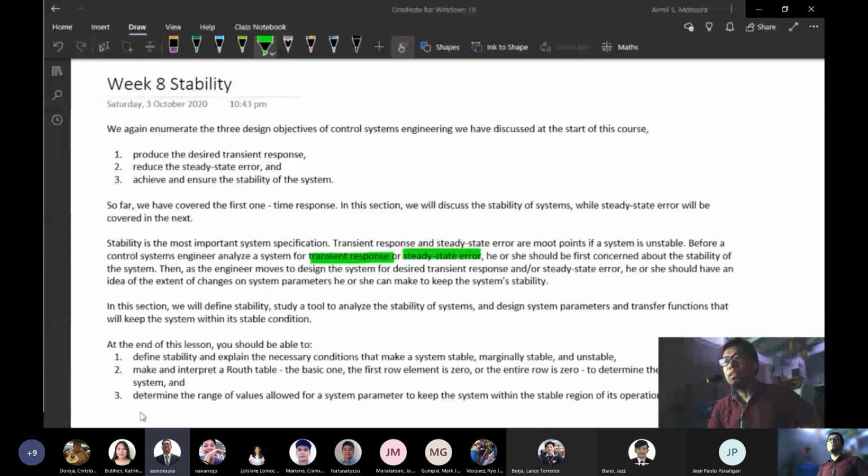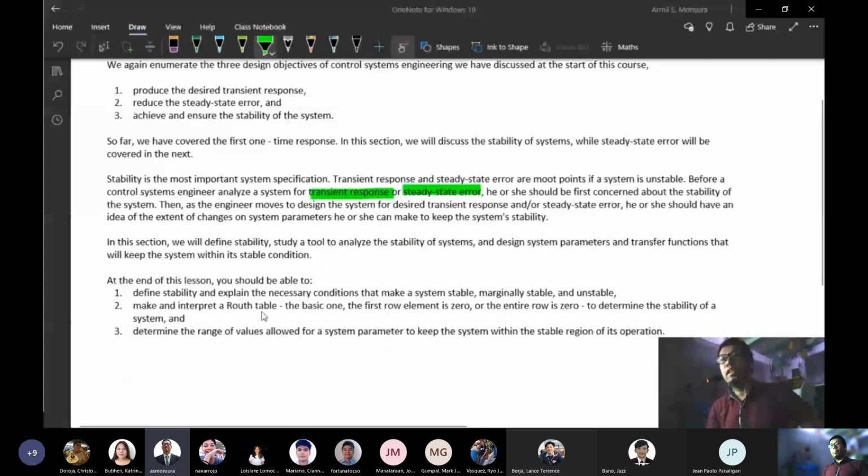Now, in this section, we will define stability, study a tool to analyze the stability of systems, and design system parameters and transfer functions that will keep the system within its stable condition. At the end of this lesson, you should be able to: one, define stability and explain the necessary conditions that make a system stable, marginally stable, and unstable.